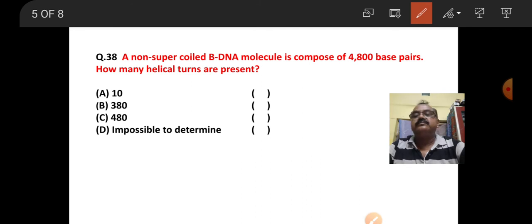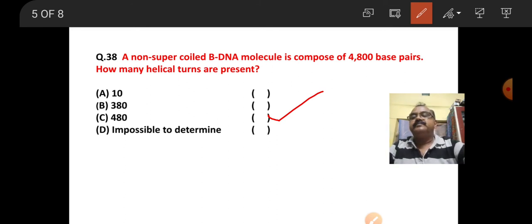Hence, 4800 divided by 10 equals 480, that is 480 helical turns are present when 4800 base pairs are present in a B DNA molecule. Hence, option C is the correct answer.